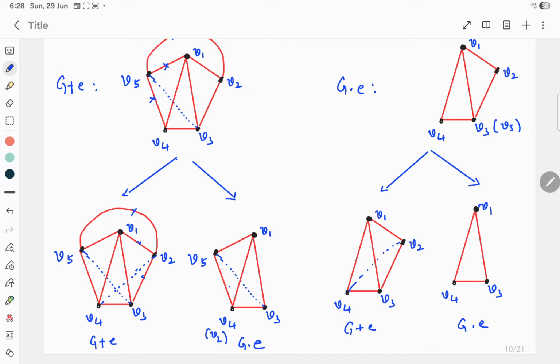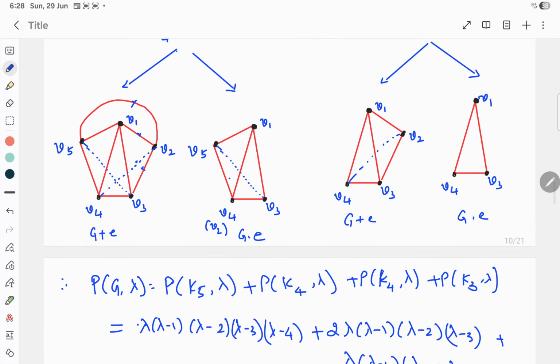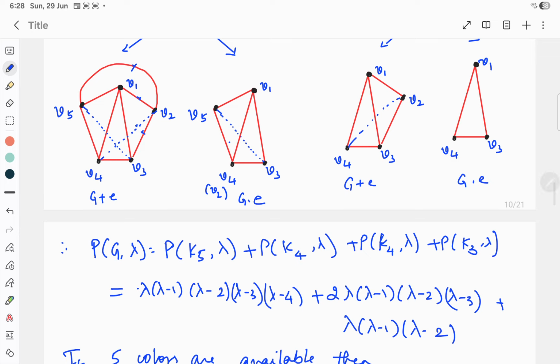So V2 will go off and the incident edges will also go off, and you will get a K3. So thus in this step we are getting all complete graphs, and therefore the chromatic polynomial P of G comma lambda is equal to P of K5 comma lambda.